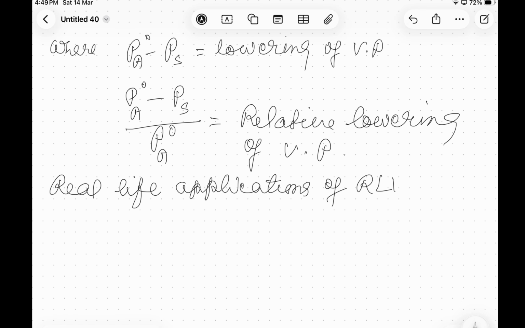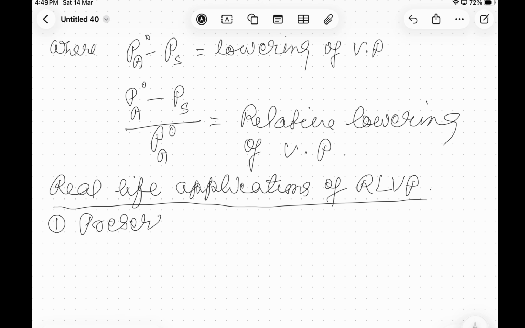Here I shall discuss two important real life examples. Preservation of food.